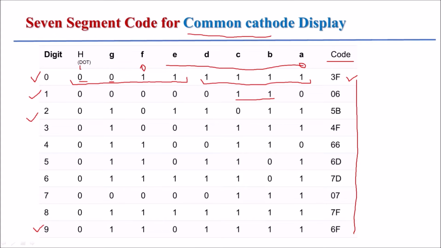For H and G, we have to apply logic 1. And then we can convert this data into hex. Or we can directly complement the 7-segment code of common cathode display to get the 7-segment code of common anode. So this is how we can find the 7-segment code to display a digit 0 to 9 on the display.